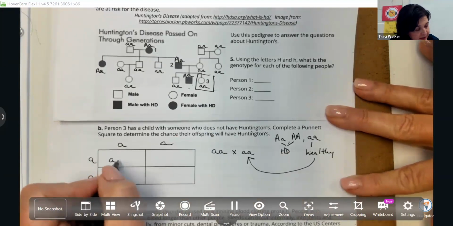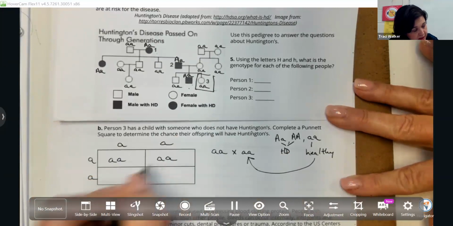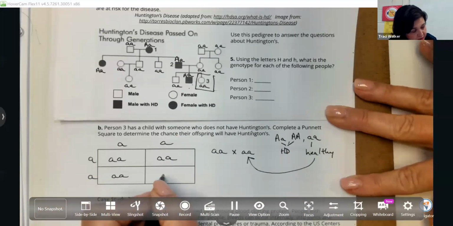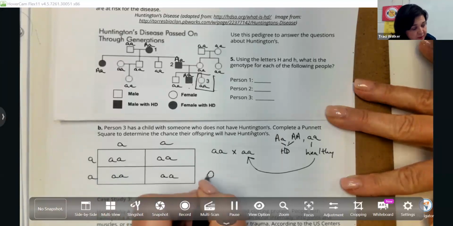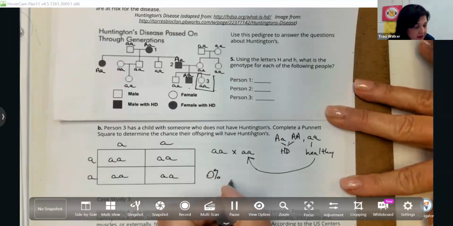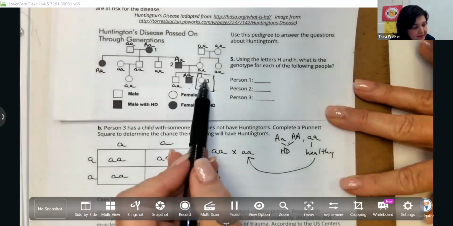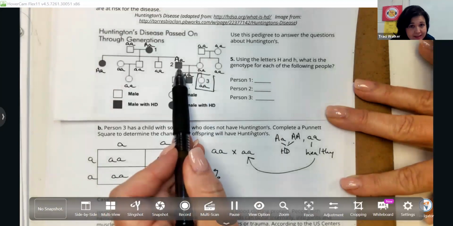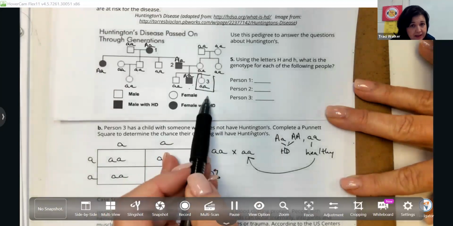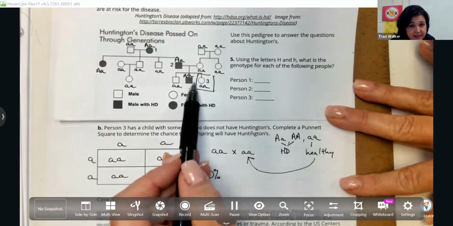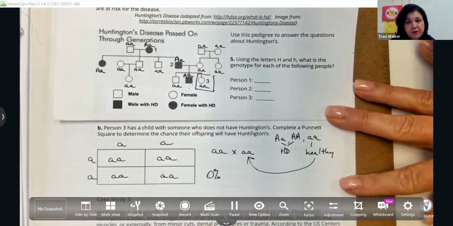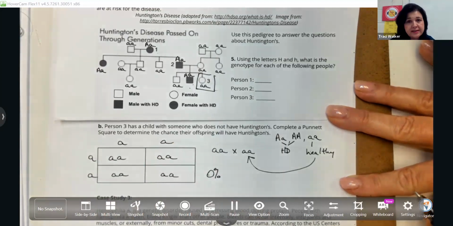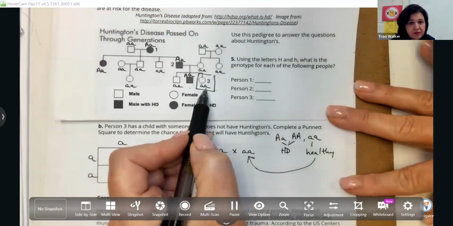And we can see that all of their children will also be little a. So they have a 0% chance of having Huntington's disease. Even though this person has a dad that has Huntington's disease, if they marry someone that doesn't have it, then there's a 0% chance of Huntington's disease passing on through this person.